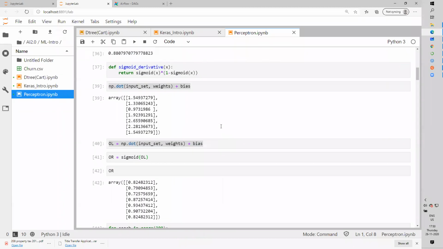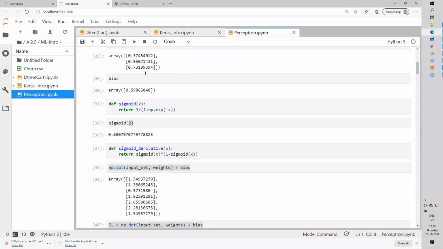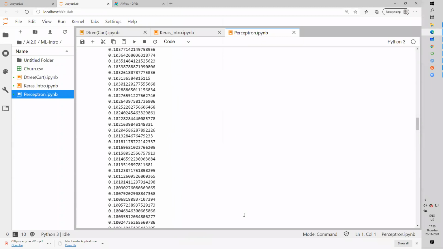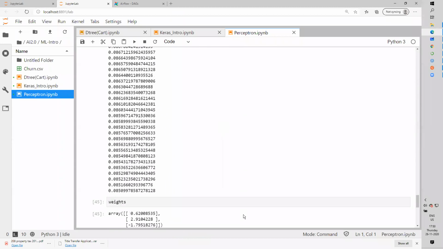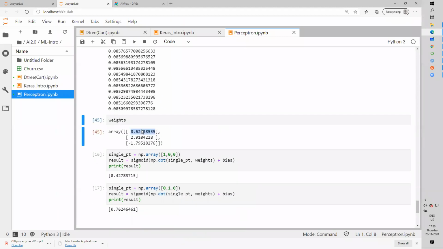When we initiated them randomly, our weights were 0.37, 0.95 and 0.73. But what were the weights we got after 300 iterations? 0.62, 2.9, minus 1.79. So these are the weights that are going to give us the least error for the training data that we have given.